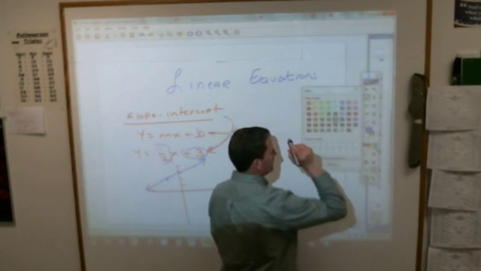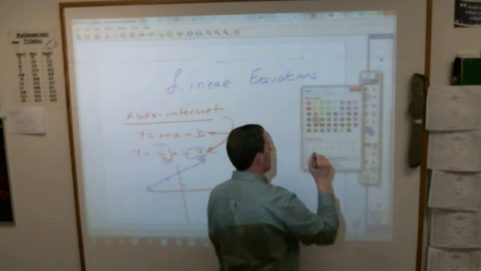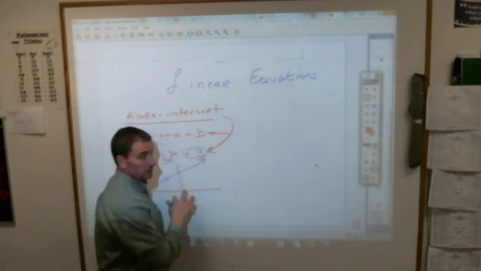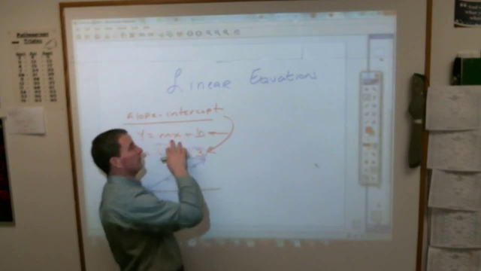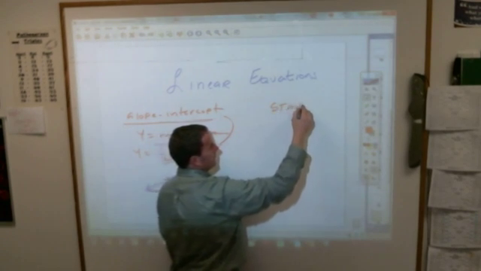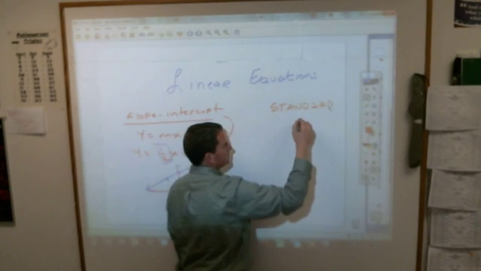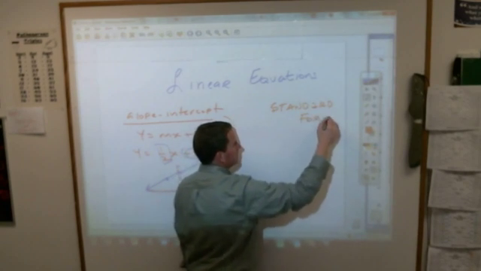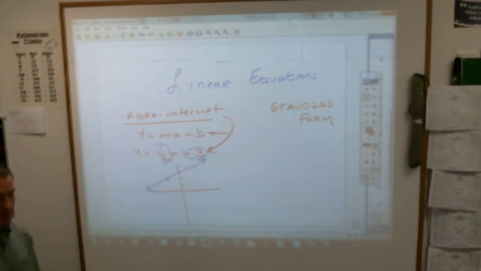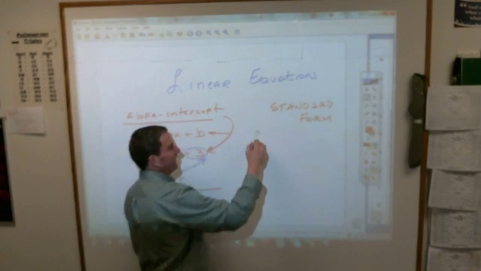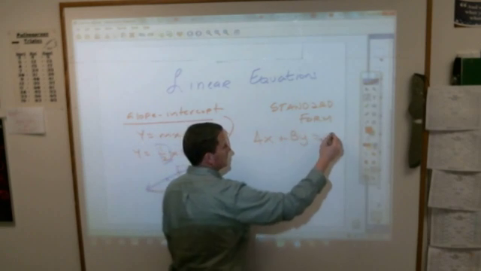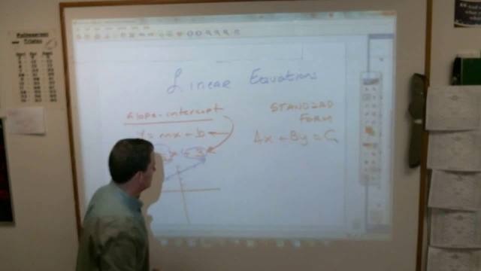Today we're talking about linear equations, except they are in a different form. You're still going to get a straight line, but it's not written solved for y. It's what we call standard form, and it is written in the form ax plus by equals c.